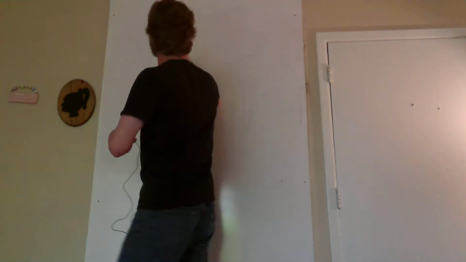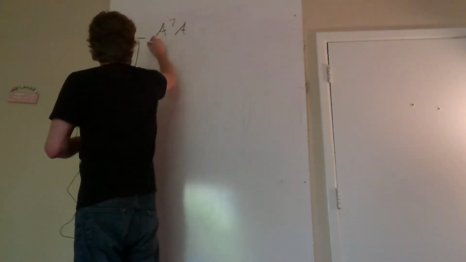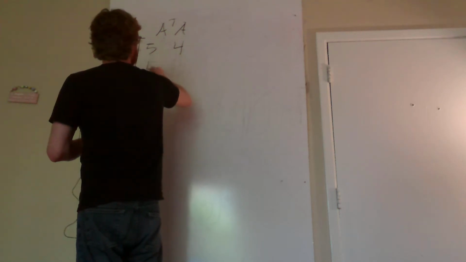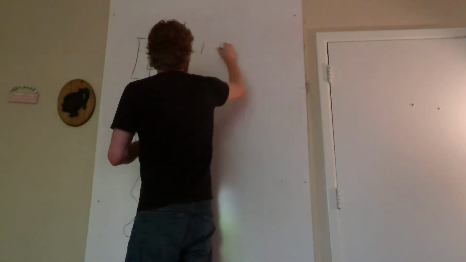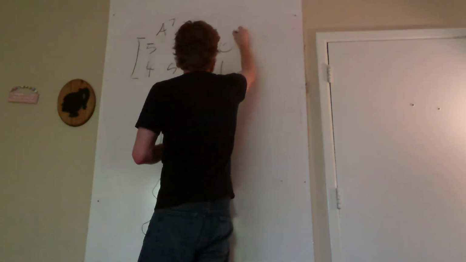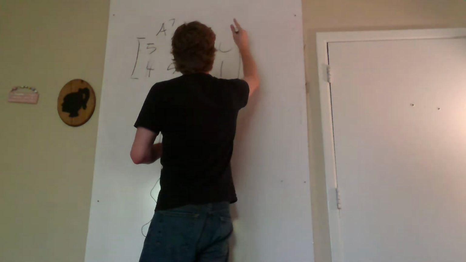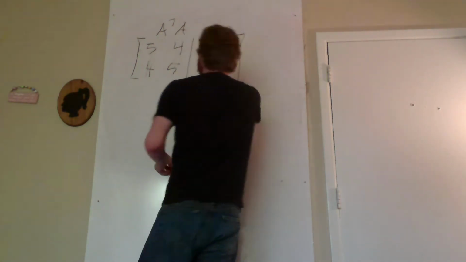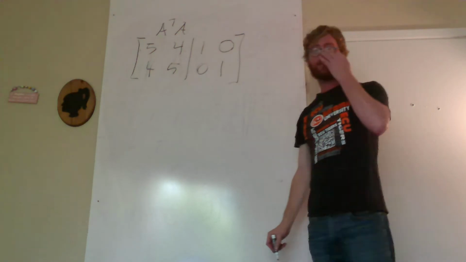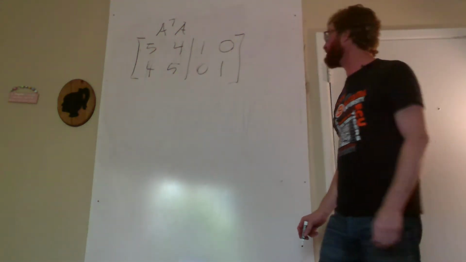I'm going to set it up like this: A transpose A, which is 5, 4, 4, 5, augmented with the identity matrix, 1, 0, 0, 1. And now we're going to try to find its inverse.